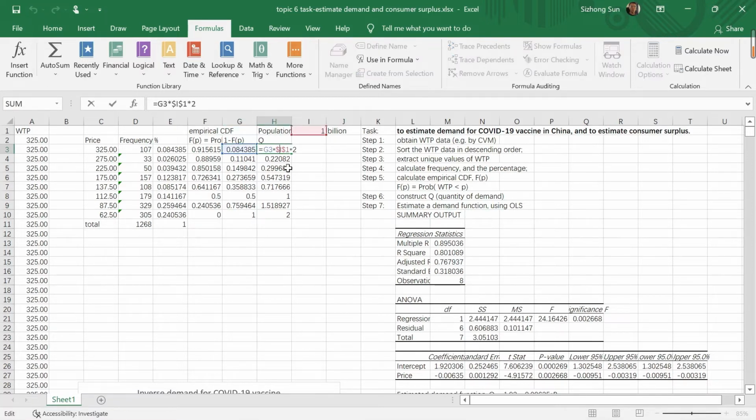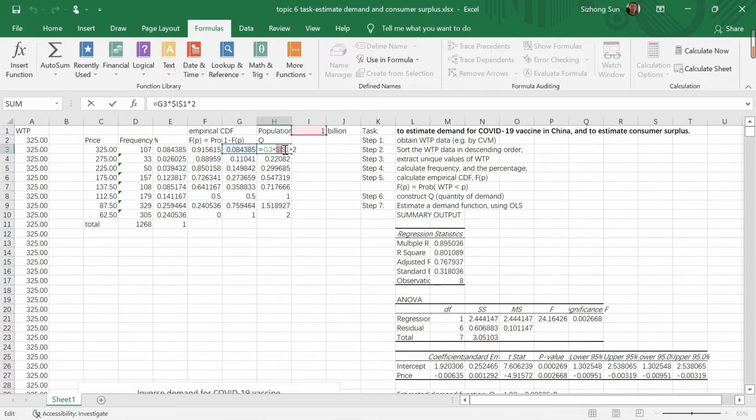So the quantity of vaccines, if the price is set at 325 yuan, would be the share of 8.43% times the total population, and let me set it to be 1 billion, which approximates the eligible adult population in China, times 2.